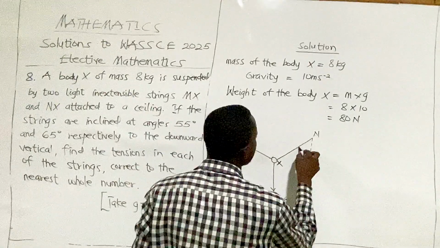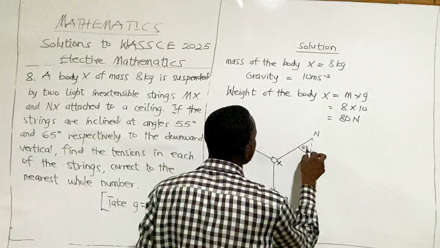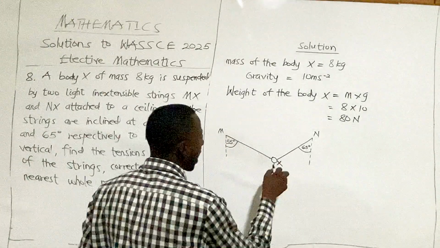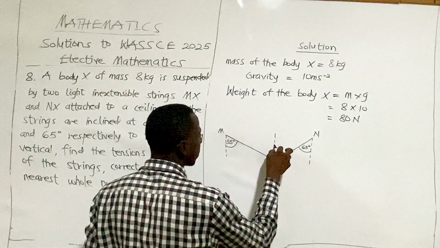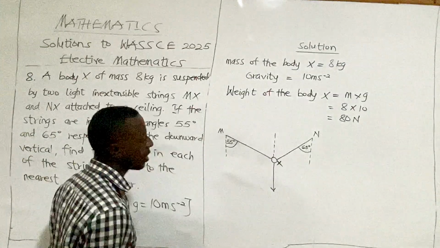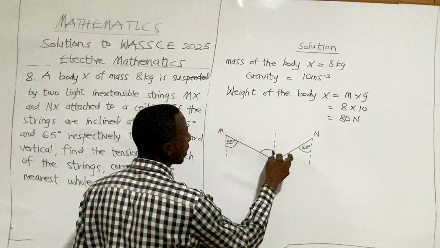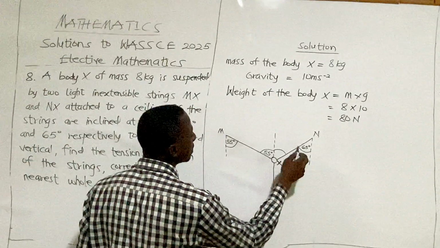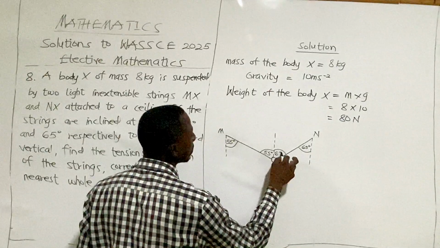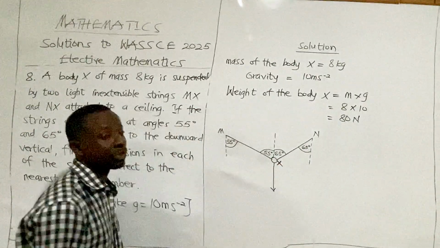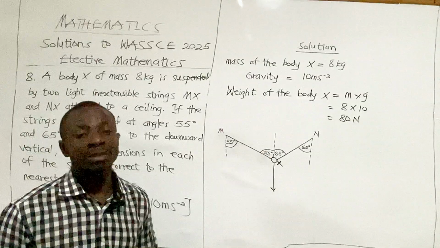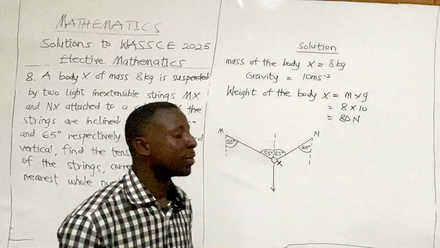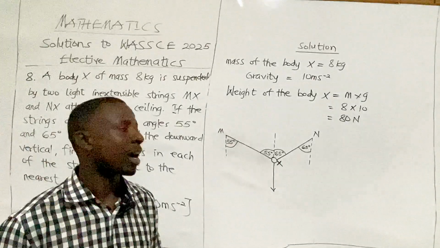Then the 65 degrees will also be here. Now I can introduce short dashes up here so that the angle here will be equal to the angle here. We have 55 degrees here, and this angle is also 65 degrees, because alternate angles are equal.